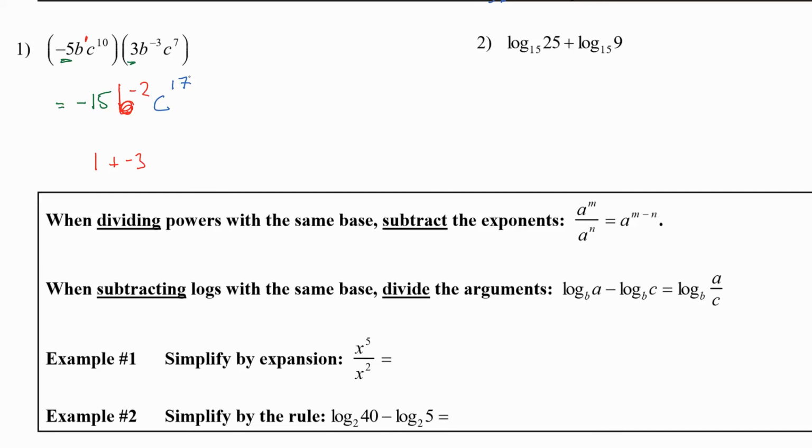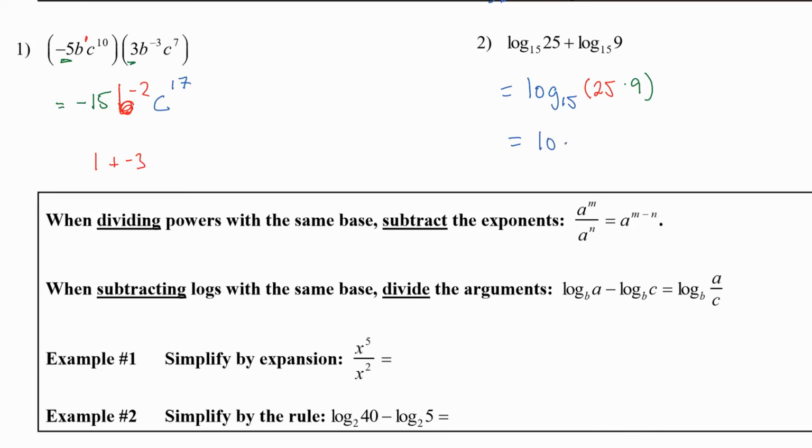So again, on number 2 there, we have that same idea, log base 15 of 25 plus log base 15 of 9. We can rewrite those 2 logs as equivalent to 1 log, since they have the same base. And under what condition are we adding exponents? We're adding logs because we've multiplied 2 powers. So we have 25 times 9. And then we can simplify that even further.